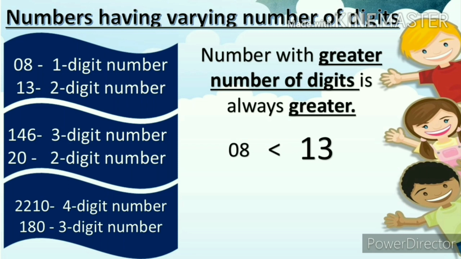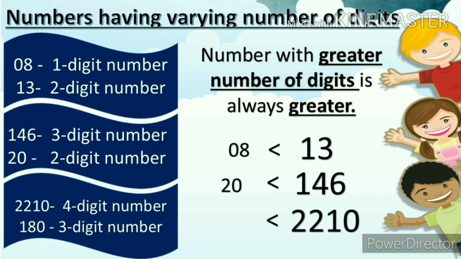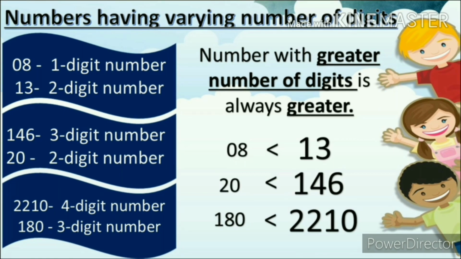Similarly, in the second example, 146 is greater than 20. And in the third example, 2210 is greater than 180 because 2210 is a 4-digit number and 180 is a 3-digit number. So, always remember, greater number of digits makes the whole number greater.